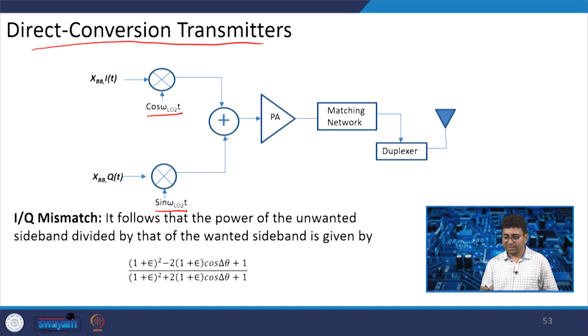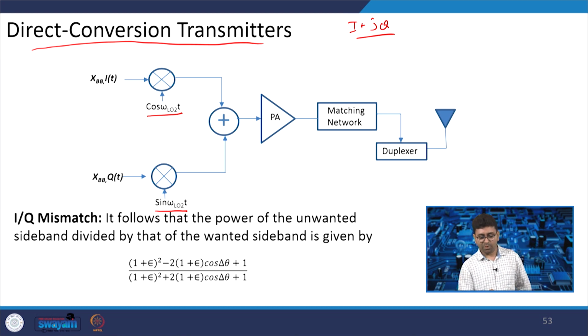So, what will we get? I plus jQ, and as we have seen while discussing the Hilbert transform, if you do I plus jQ, you will get e raised to j omega c t, that is the carrier. Your signal is then up converted to the positive carrier frequency omega c, and then there is a power amplifier which will amplify.